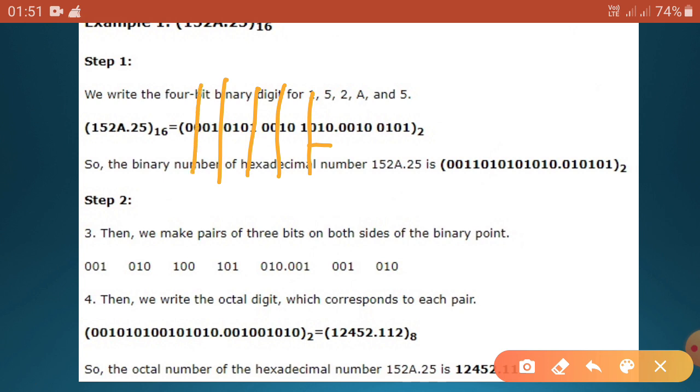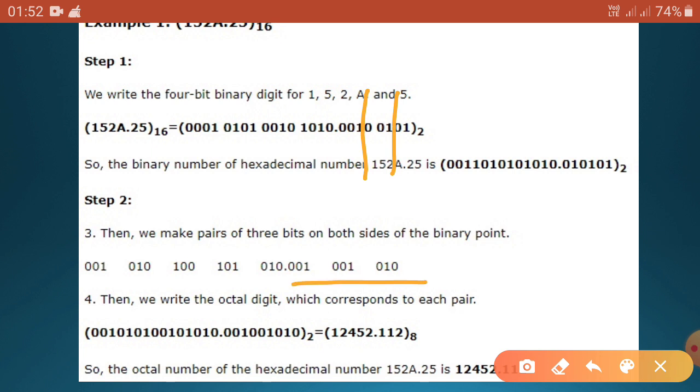On the right side it will start after the decimal point. So this is 001, then 001, and then 01, so you have to add 0 on the right side also.